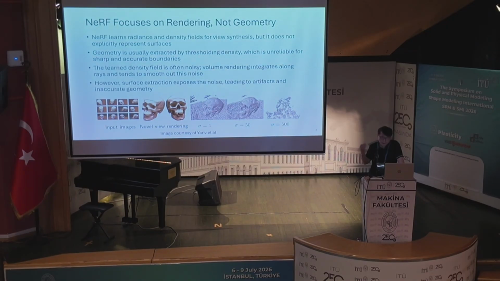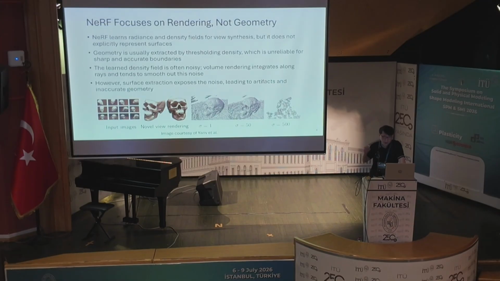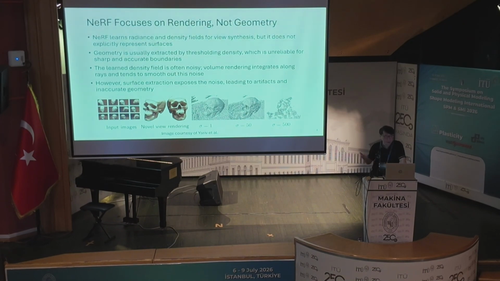So volume rendering basically can tolerate this noise because volume rendering is based on integration. This integration nature allows volume rendering to integrate along rays and can hide some of this noise in the final rendered images. But if our goal is to reconstruct a surface from the density field, then this noise becomes visible. So they cause artifacts and inaccurate geometry.